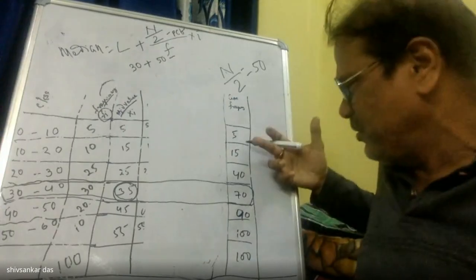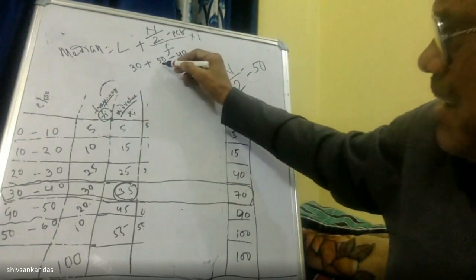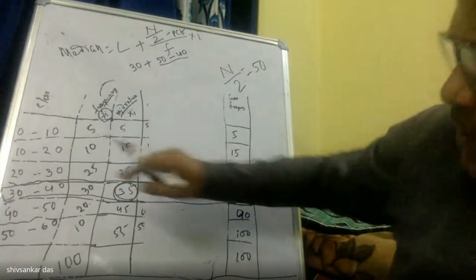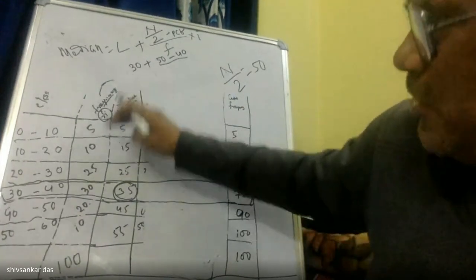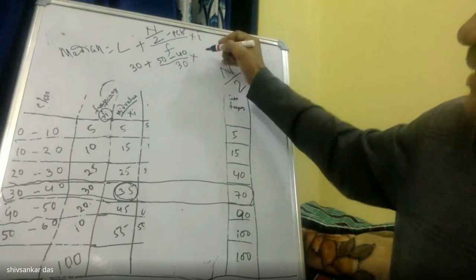This is the cumulative frequency, so its previous is 40. Divided by its own frequency, which is 30. Into I, which is 10.